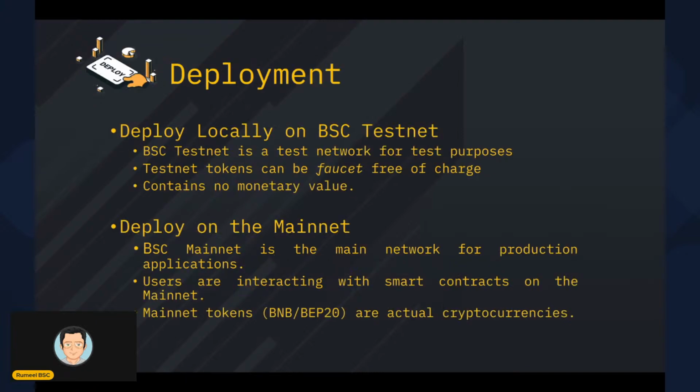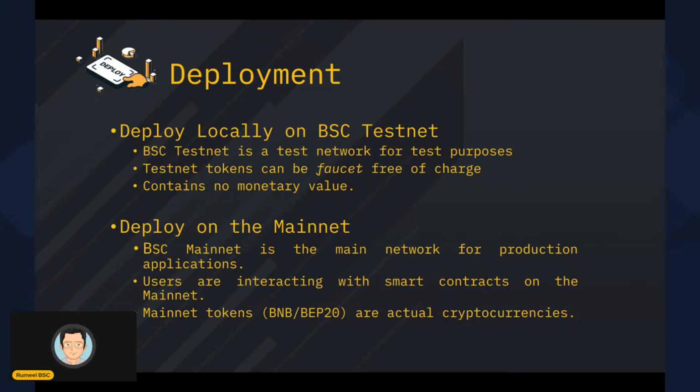Deployment. As I mentioned, deploy locally on the BSC testnet. BSC testnet is a test network for test purposes. Tokens you can get from the faucet free of charge. It is free, so there is no actual monetary value. Then deploy on the mainnet. BSC mainnet is the main network for production applications.